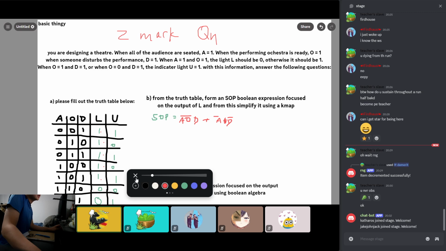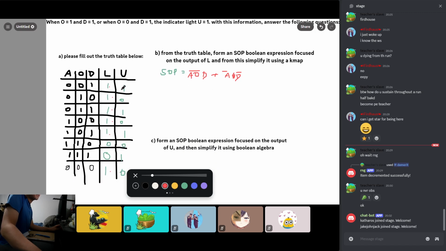If y'all did include D in your SOP Boolean expression, it's fine. I think when you simplify it with your K-map, the result should be the same as the correct answer, but it's unnecessary.